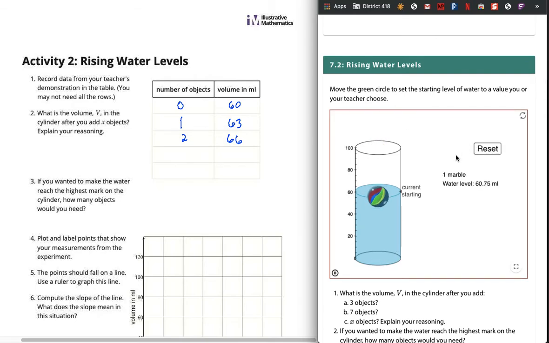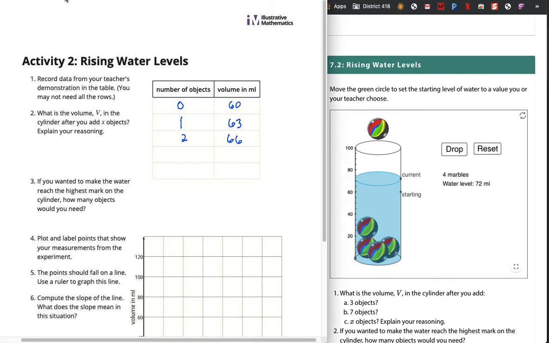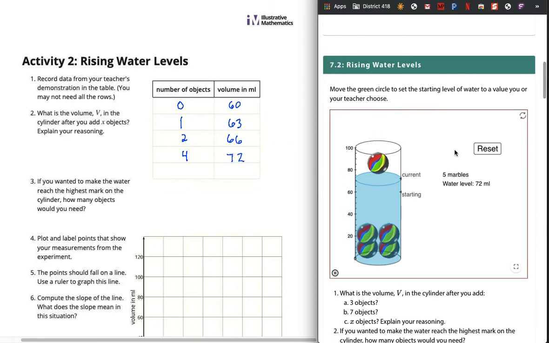I'm restarting. I don't want to have to re-record the whole video. 2 is 66. That's what it should be. 3, and it should be 4. There we go. I've never had it glitch before on me. So that's what we want it to be. 4 marbles is 72.